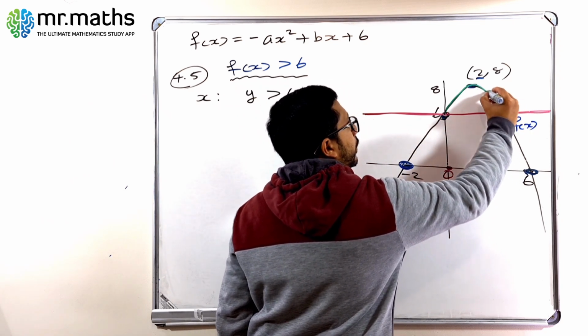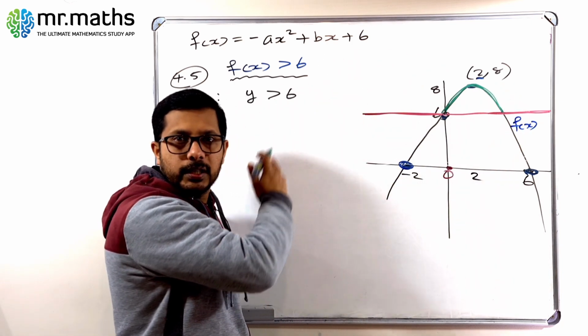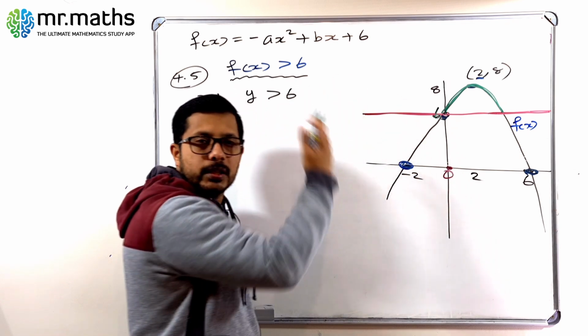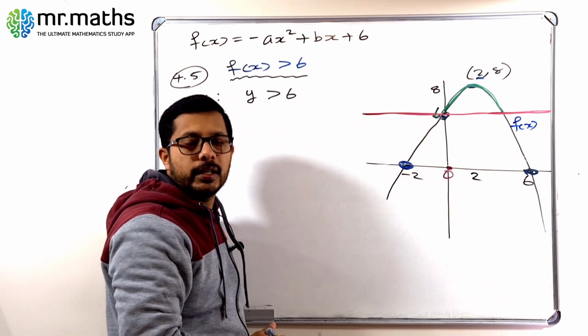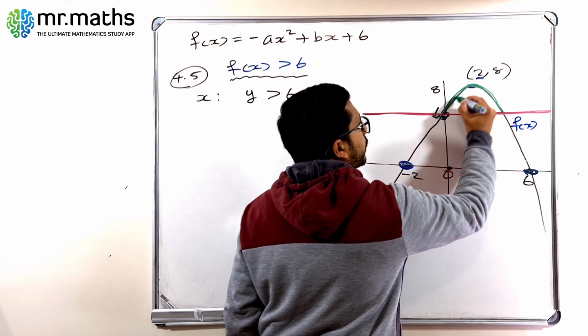This is the area where y is greater than 6. This red line is 6, and above that red line is y greater than 6. So that means this part.